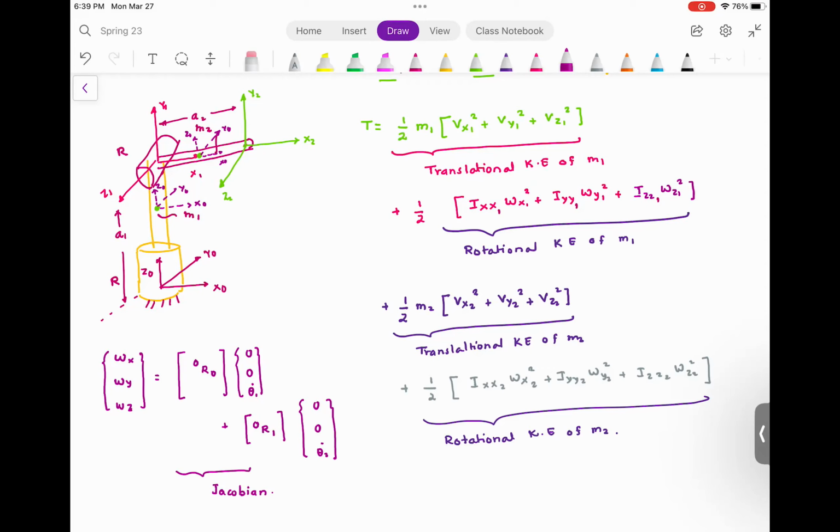So what I want to do is solve the forward kinematics problem from the 0th frame to the centroid of the second mass.